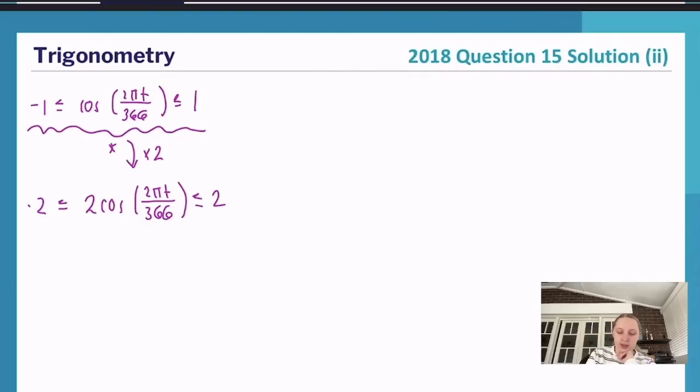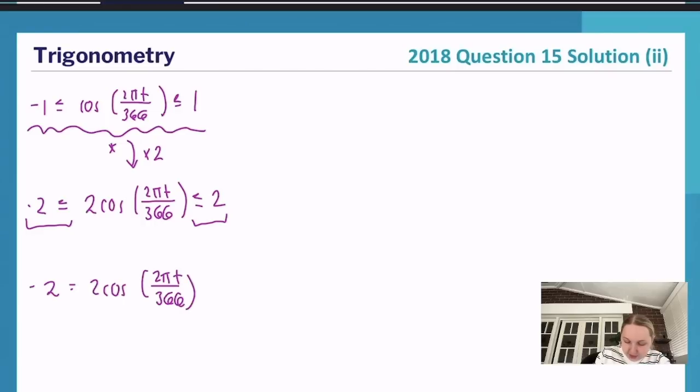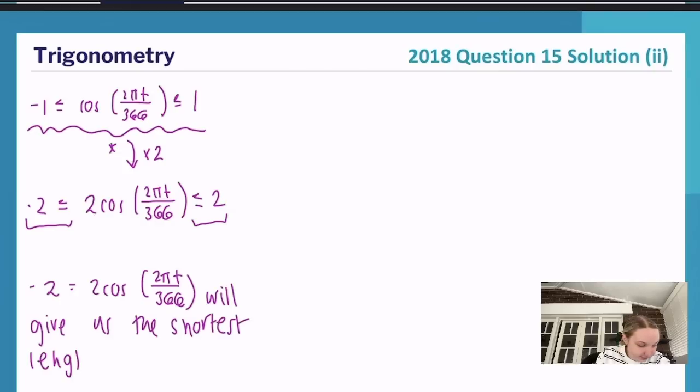So we've got to then think about which side is going to give us the shortest length of daylight. Right? And then when you think about that, -2 equals 2 cos 2 pi t on 366 will give us the shortest length of daylight.